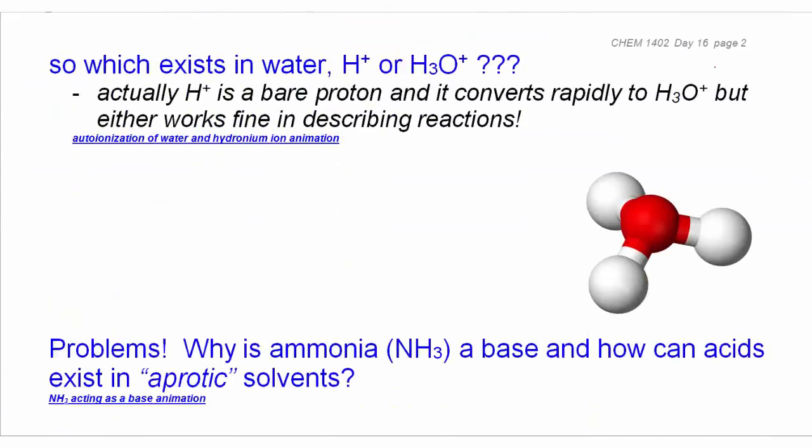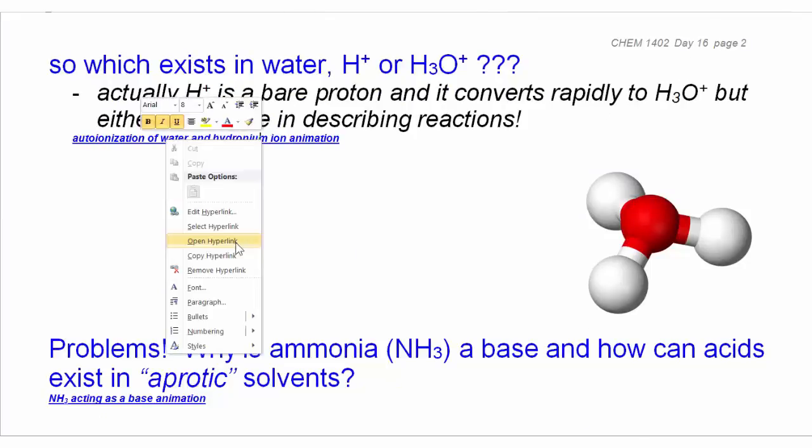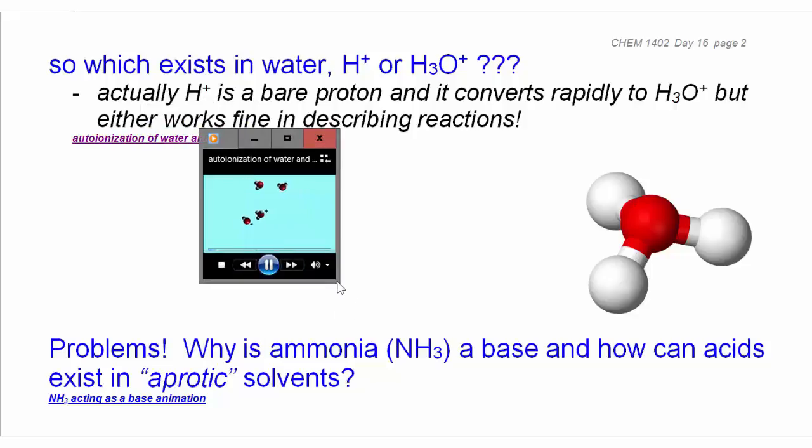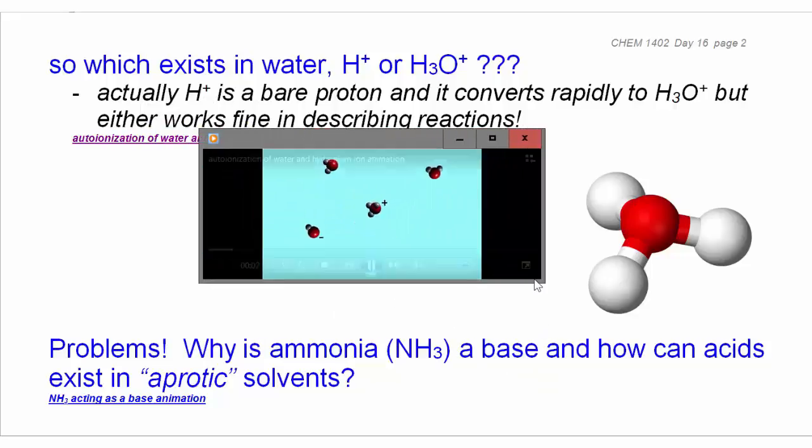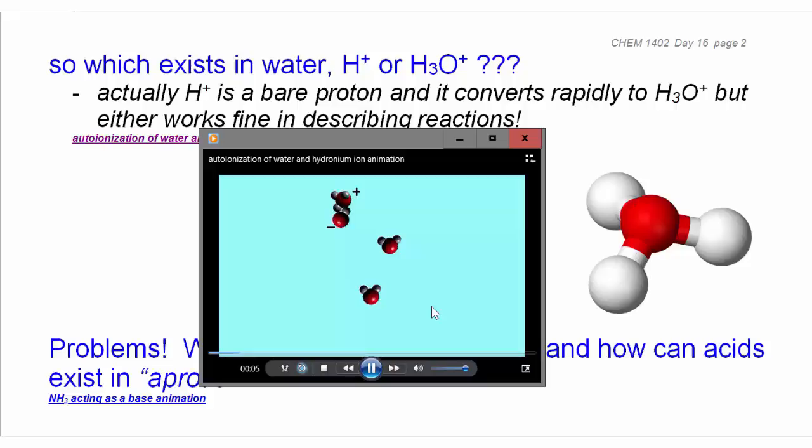So what really exists in water? Is it hydrogen ion or this hydronium ion? Well, animation might help. It's not so great, but the idea here is you have hydroxide, reacts with hydronium ion, makes a couple waters. But notice how nowhere is there floating around a bare proton.